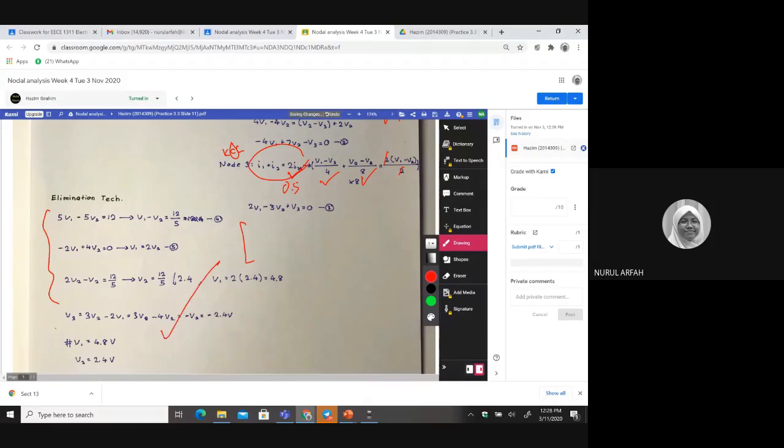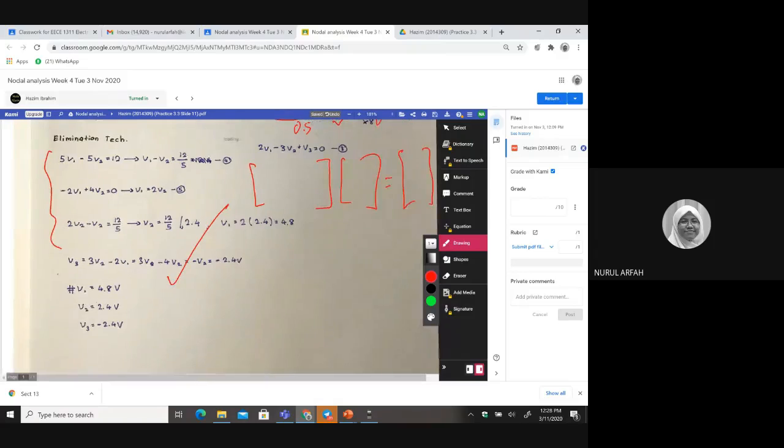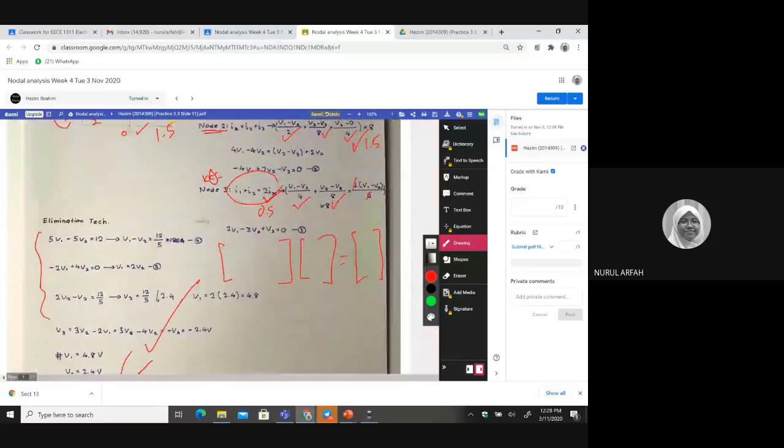You can write everything. It's good. But if you think that your calculator is much better than what you have prepared here, then you may proceed with your calculator. My concern is the last answer, all these 3. If you have it right, maybe this is 1.5. Okay. Do you have any questions? This is also 1.5.